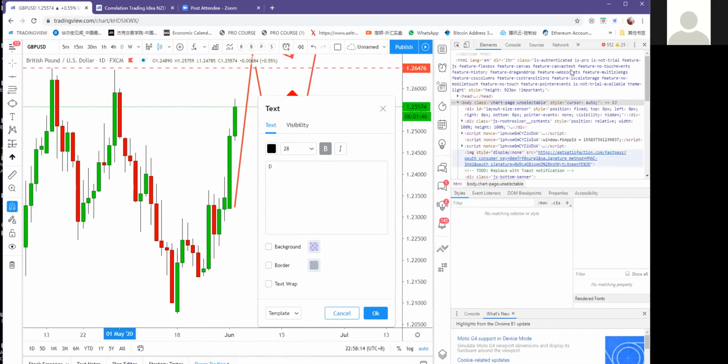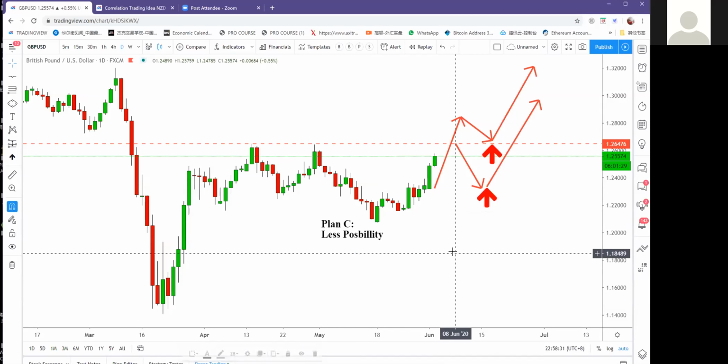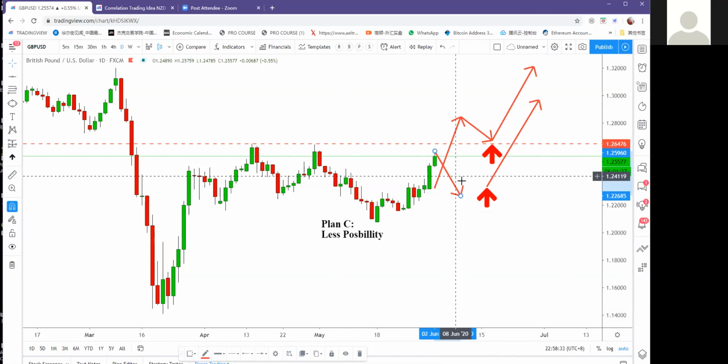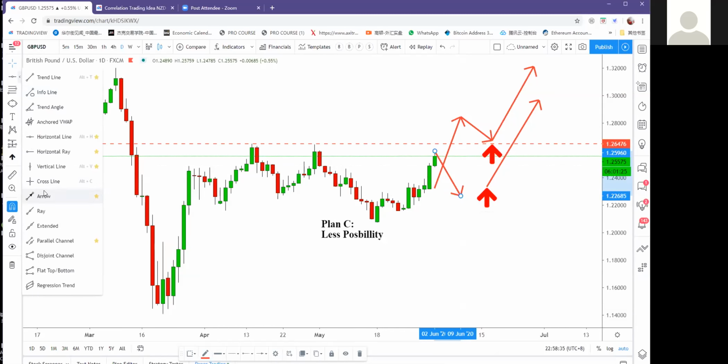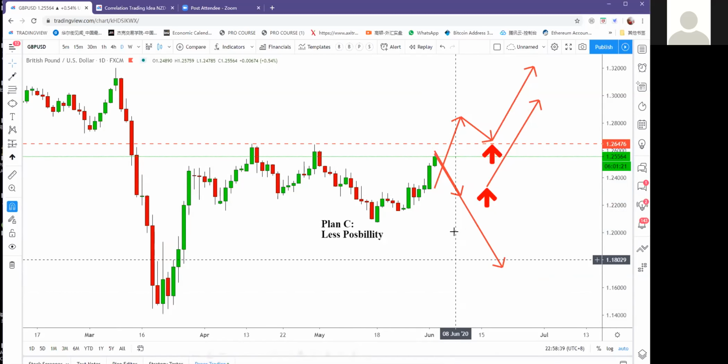So plan C is, okay, we have two. Plan C has less possibility. It may come down and go back to 1.18.